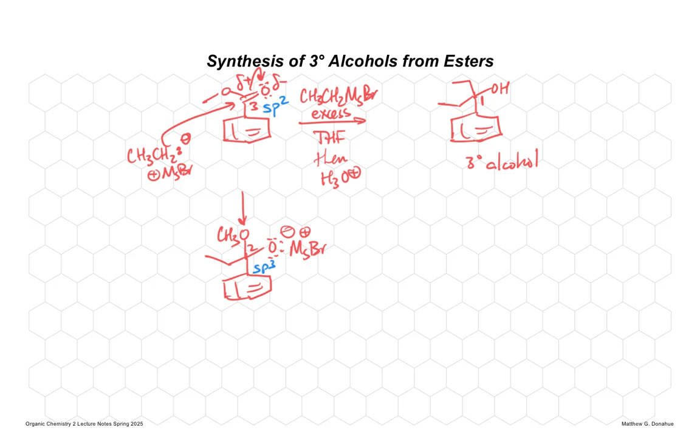But now, since it's sp3, what happens is this negative charge on oxygen collapses back down. And when it does that, it displaces the alcohol part of the ester. And so it's going to reform a carbonyl.